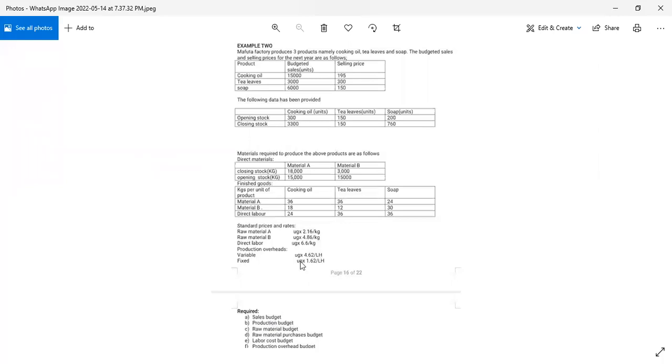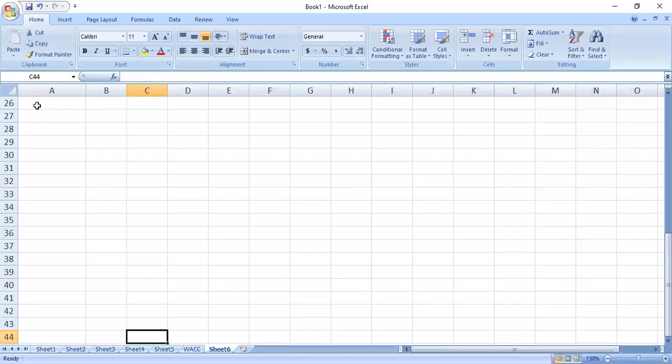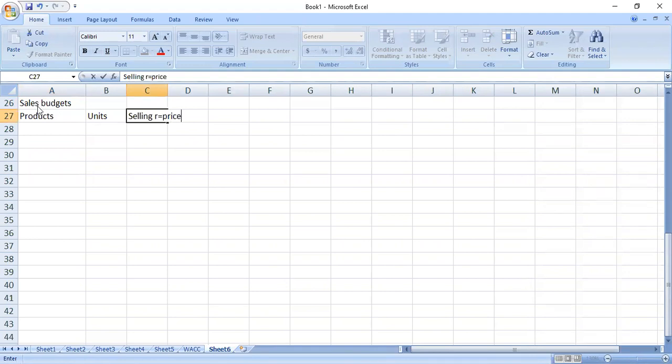So let me start with the sales budget, which is the easiest, as I have been telling you. The sales budget looks at the products you're referring to, then the units you're selling off, the selling price of each unit, and then the sales, just like earlier.